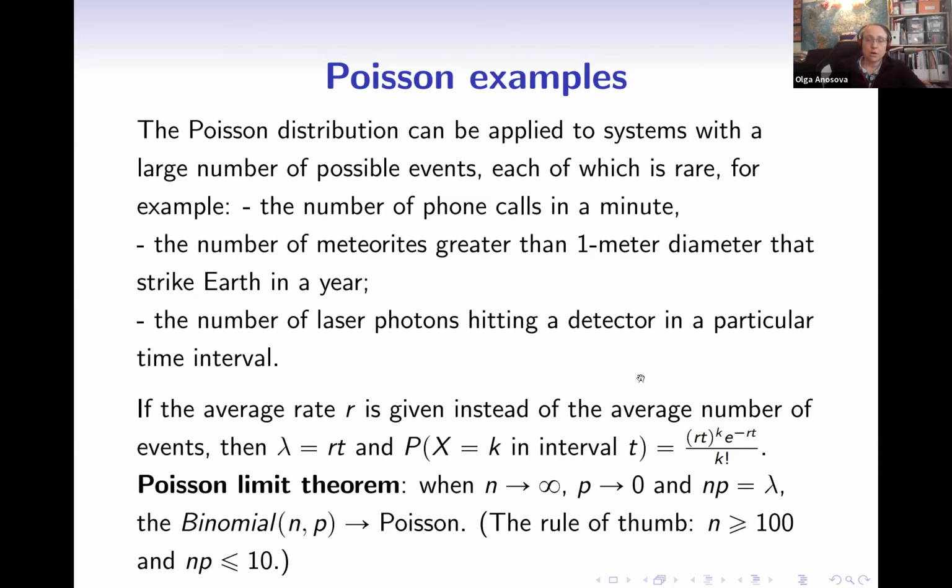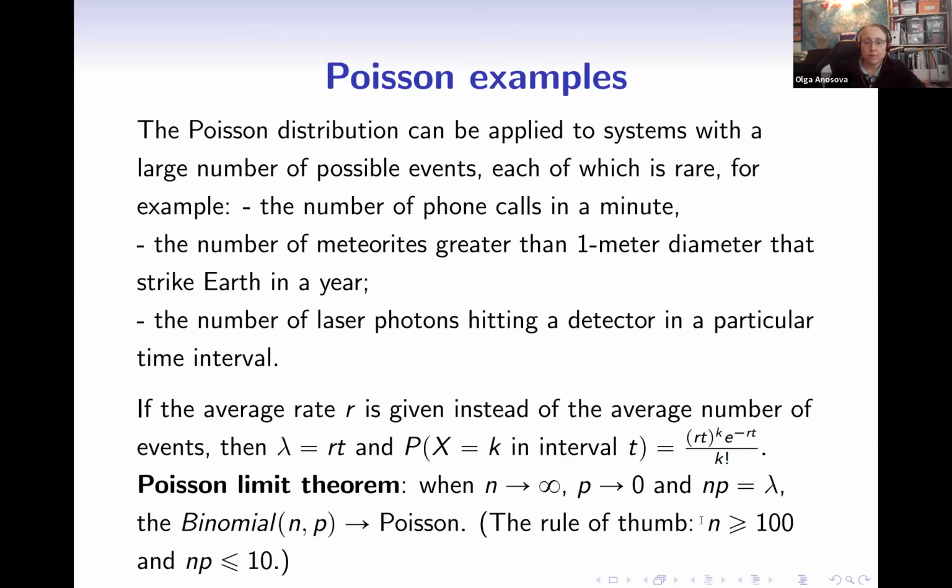It's also famous and convenient because of the connection between the Poisson distribution and the binomial distribution that we all get used to. It turns out that if we increase the number of trials or events and decrease the probability so that the average stays constant, or our parameter is constant, then the binomial distribution will be approximated by the Poisson distribution.